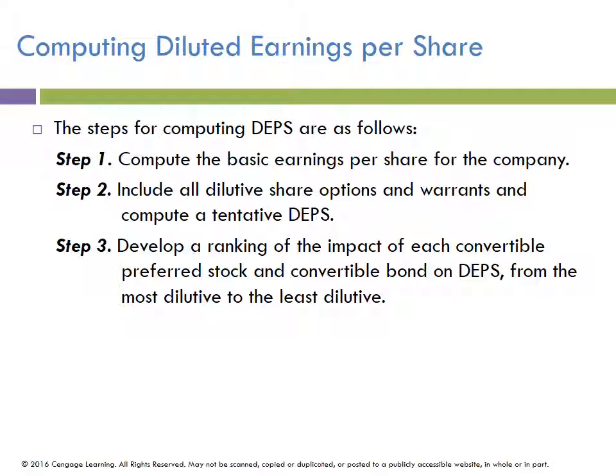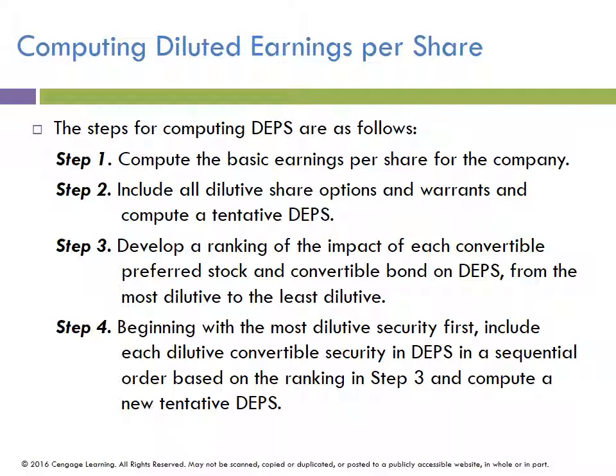Develop a ranking of the impact of any convertible preferred stock, convertible bonds, from the most dilutive, so it would have the largest dilutive effect, the largest decrease to earnings per share, to the least. So you rank them.